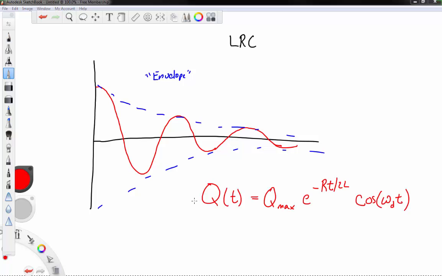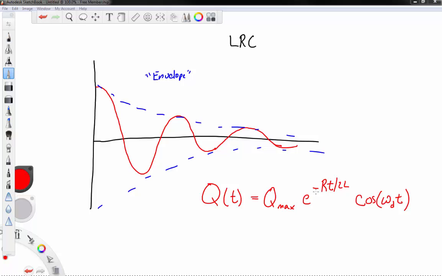Basically, it has the form Q of t is Q max e to the negative Rt over 2L, cosine omega d t. That is for your LRC circuit. Of course, if you were doing a damped harmonic oscillator, it would be, for example, x of t equals amplitude times e to the negative of some factors. R basically corresponds to a resistance term, usually represented by a lowercase b.